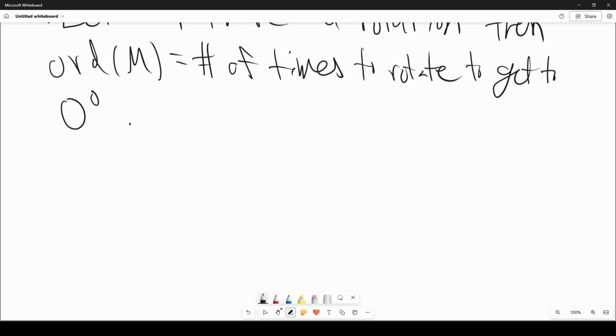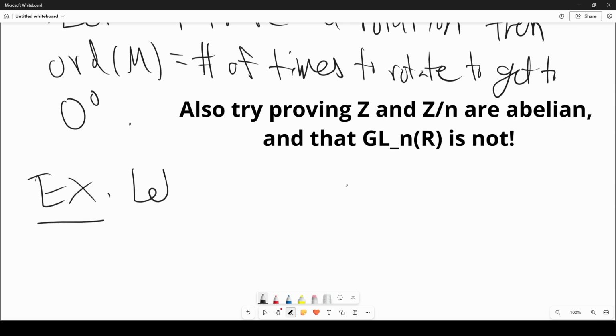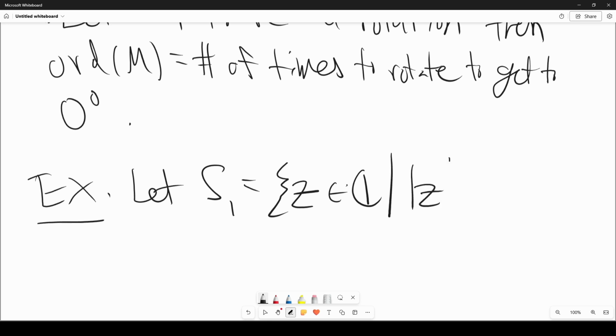Okay, so hopefully those examples were helpful for better understanding the definition of a group and also getting to practice some extra definitions and properties that we've defined in this lesson. And I just want to give you a quick exercise to do on your own, which is: let S1 be defined as the complex numbers in C such that the absolute value of that complex number is 1.